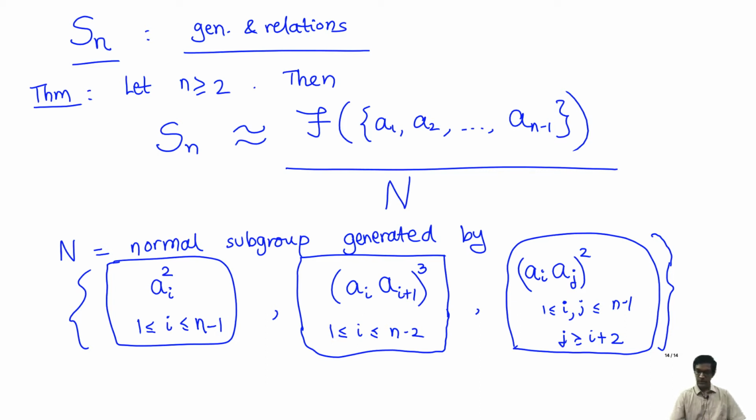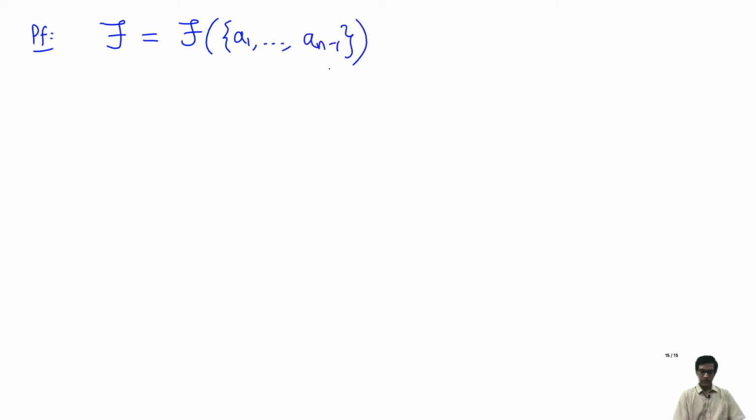Let me give you an indication of the proof, which is almost along the same lines as for S3. Let F denote the free group on these n minus 1 generators. From the free group, we can define a homomorphism pi to Sn as follows.